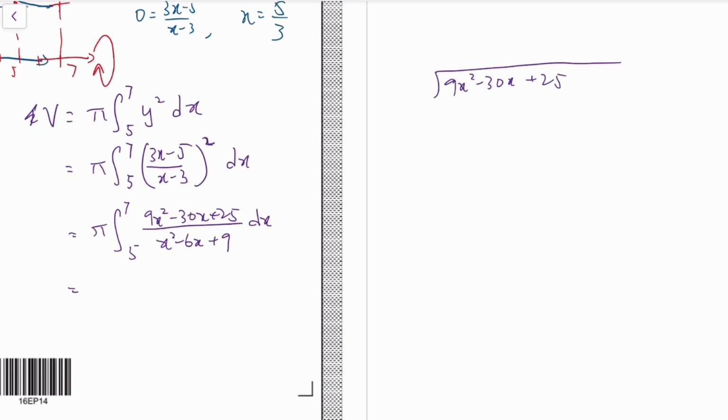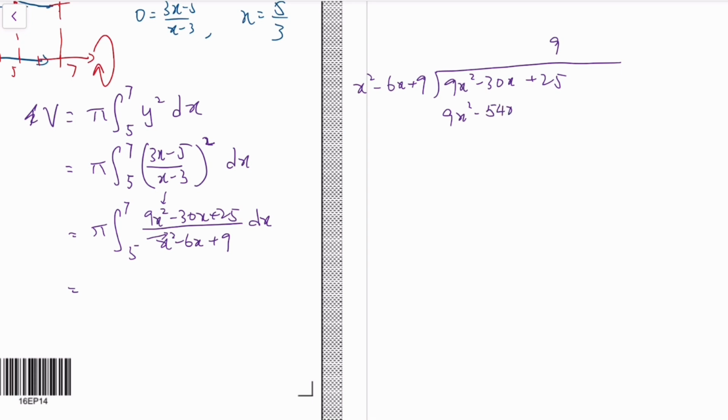First of all, the top degree is the same as the bottom degree. Whenever the degrees are the same or the top power is higher, you need to do a long division. That's part of your basic knowledge for integration. Well, it's not terribly basic, but you should know it.